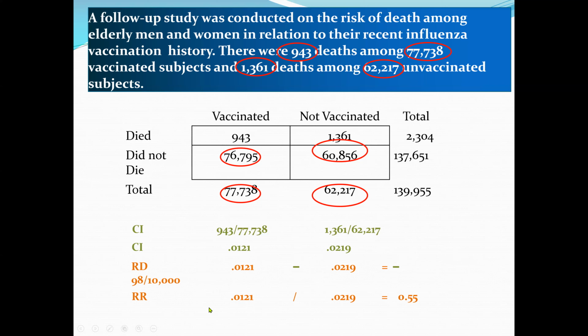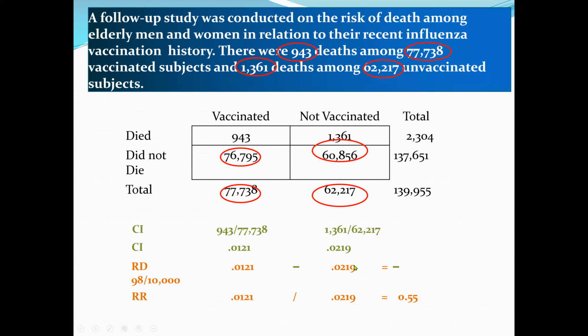Now, next, we find the relative risk. So relative risk is the same concept. We divide the cumulative incidence for exposed, which is vaccinated, by the not vaccinated cumulative incidence. So all we need is the cumulative incidence for both exposed and not exposed.